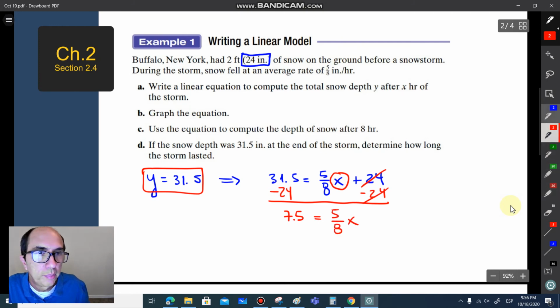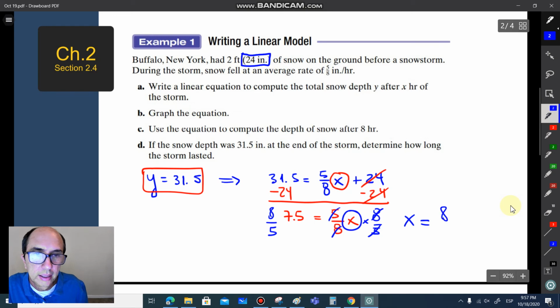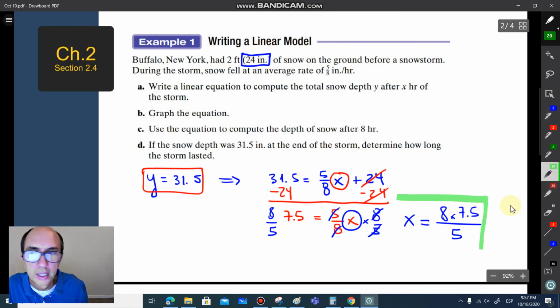And now multiply both sides by 8 over 5, so you can simplify here and have only x on this side of the equation. So x equals 8 times 7.5 over 5. So you type this on your calculator, you're going to find the result for letter D.